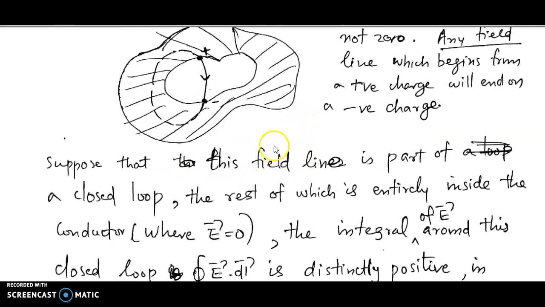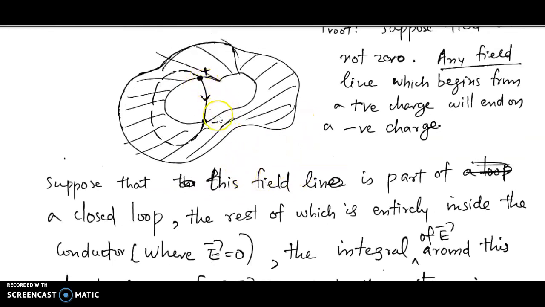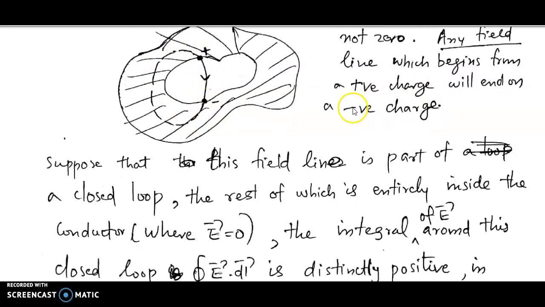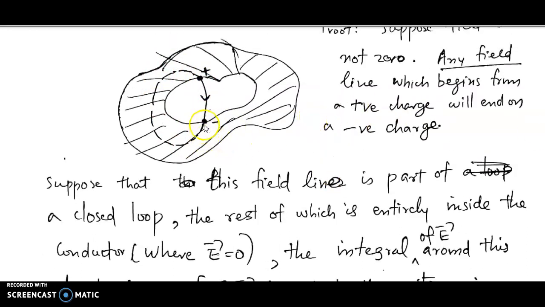Now suppose that this field line is part of a closed loop. This is the closed loop. This is the part inside the cavity, and the remaining part is well inside the conductor.